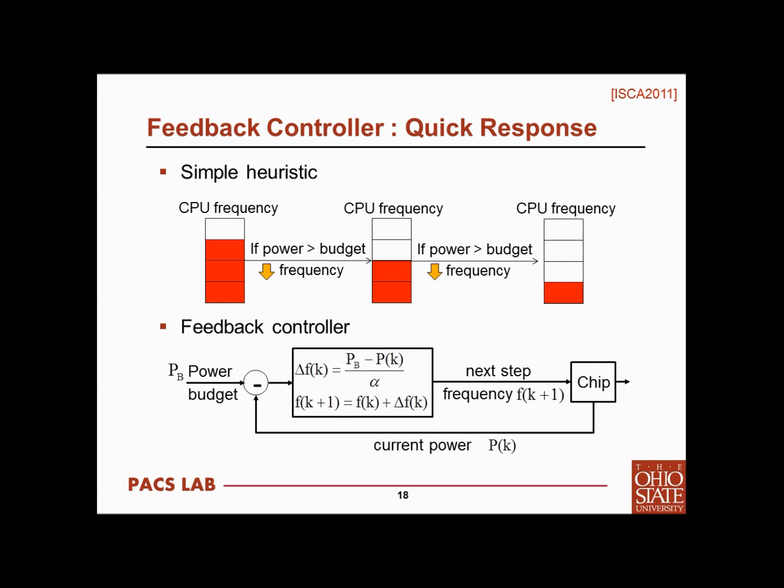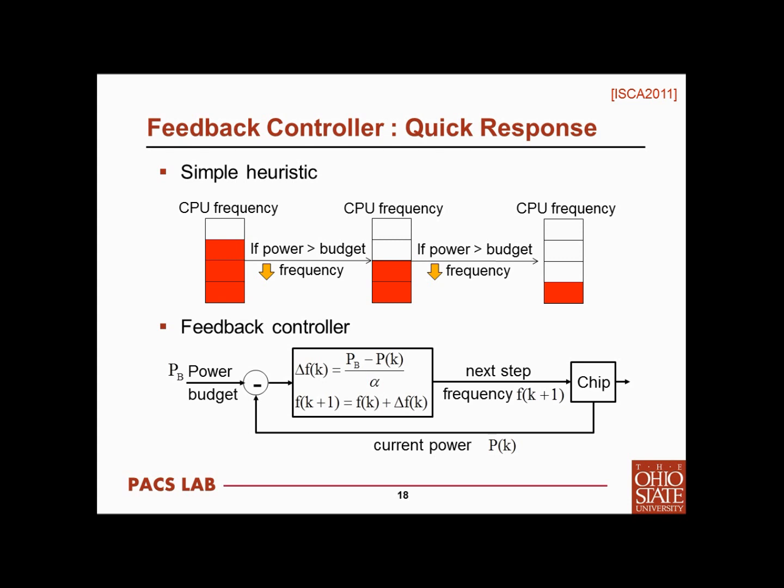Our controller is designed based on feedback control theory. We also measure the power consumption of the chip as PK and compare PK with the power budget PB. Based on the difference between PK and PB, we calculate the frequency adjustment.